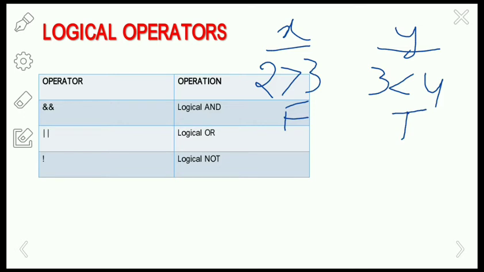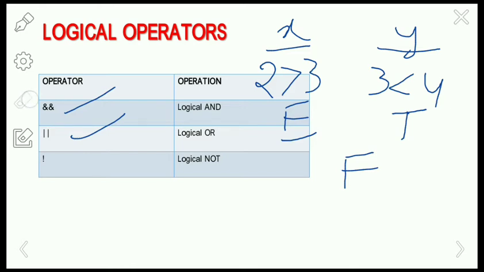In the case of the logical AND operation, if both the conditions are true, then only it will return true, or else it will return false. Here one of the conditions is false, that's why it will return false for the logical AND operation. And coming to the logical OR operation, here at least one of the conditions must be true, then the result will be true.